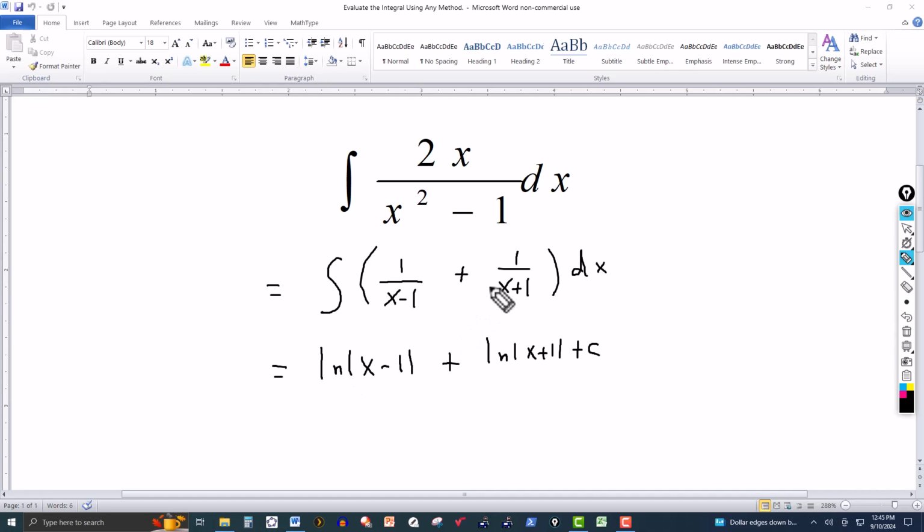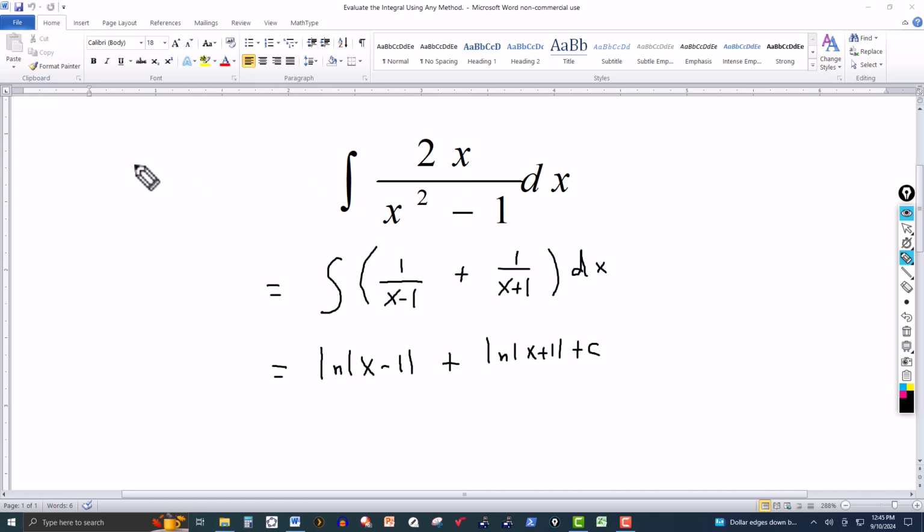Or if this one had a 3 here, this would just be 1/3 right here. And of course, if you had a constant in the numerator, that would just multiply this expression here. So that's one form of the answer. I'm going to leave it here.